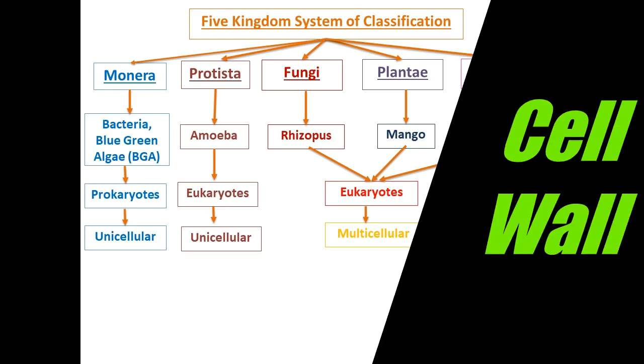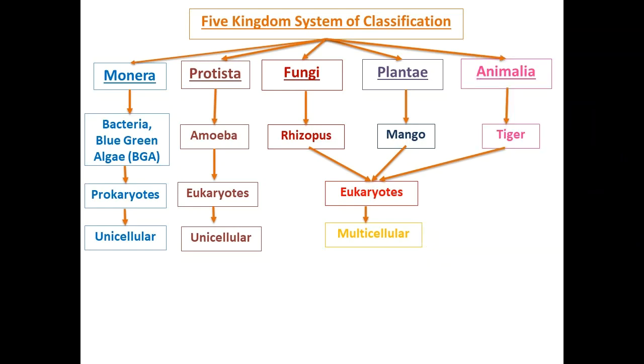Next point is about the cell wall. It is a very important point, because earlier in the two kingdom classification, all organisms which have a cell wall were kept in the kingdom Plantae, and those which don't have a cell wall were kept in the animal kingdom. But the cell wall composition is different in different groups. In kingdom Monera, the cell wall is made up of polysaccharides and amino acids, commonly called non-cellulosic.